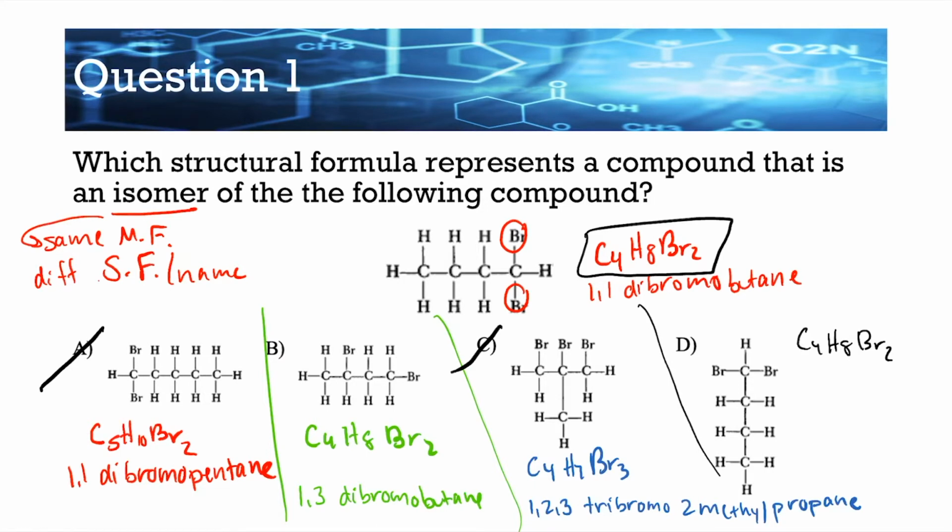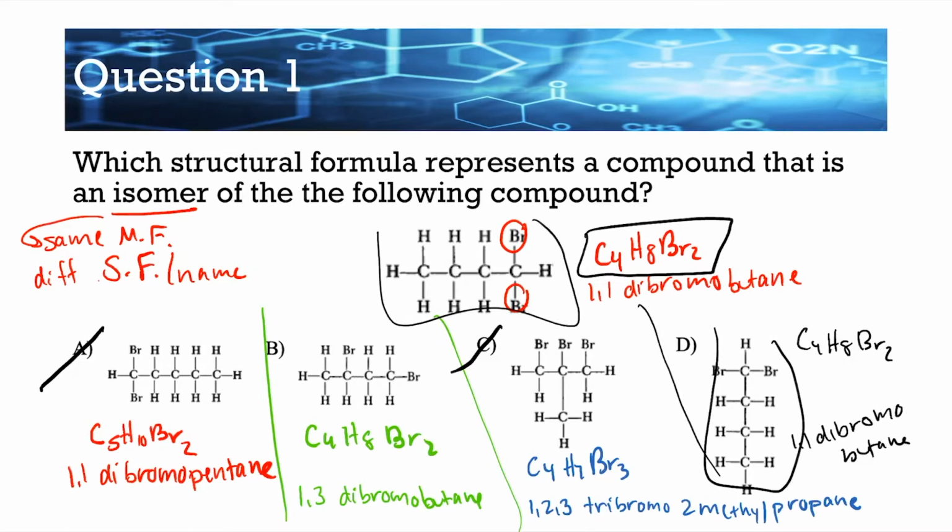The name for D would be 1,1-dibromobutane, and that's the same name as the question, so it can't be D. So all they did with the original compound is just turn it 90 degrees, and that doesn't make it an isomer. It's the same thing. So that's why B has to be the answer.